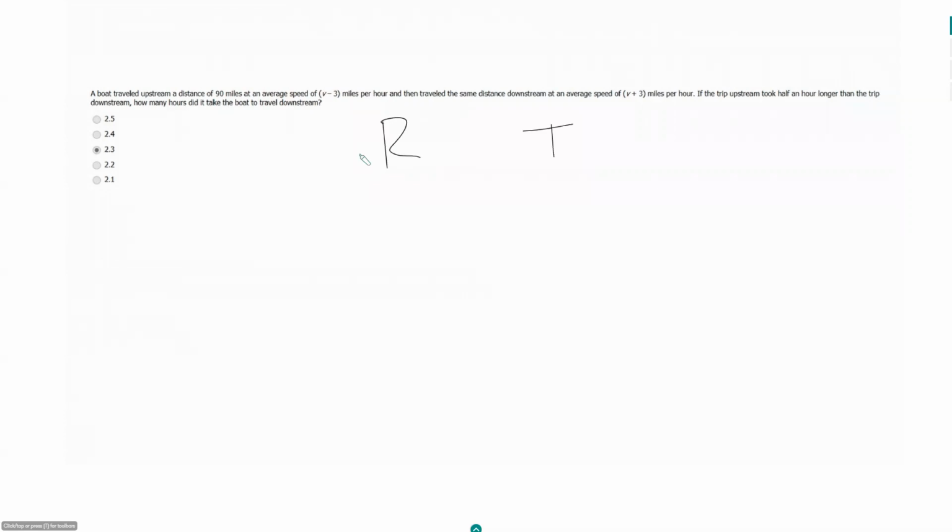So we have a rate question, and we got two legs to our trip. We have going upstream, and that means we're going against our current, and then we got going downstream. So we are going with the current.